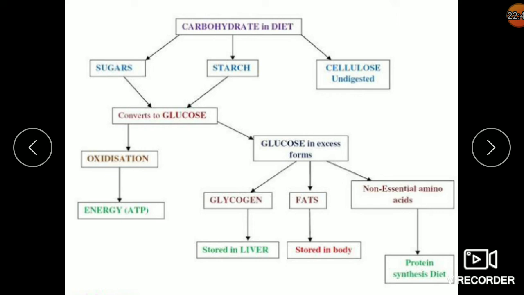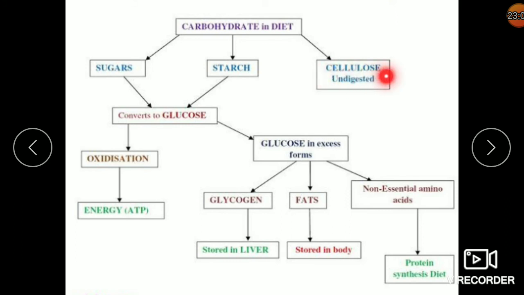Here is a mind map. Okay, so to remember this, we take carbohydrate from the diet, the bread, the rice we are taking, all the sugar, all these are carbohydrate rich foods, all of you know this. Now this carbohydrate from food comes in the form of sugar, starch and cellulose.